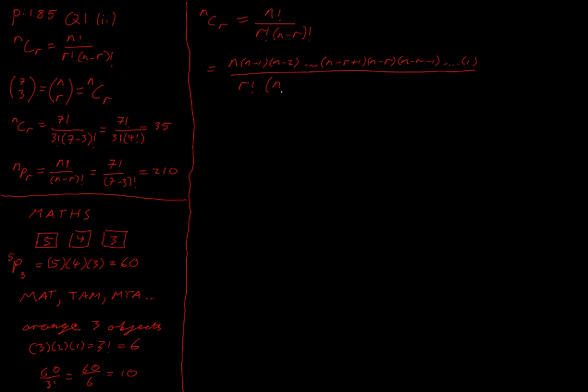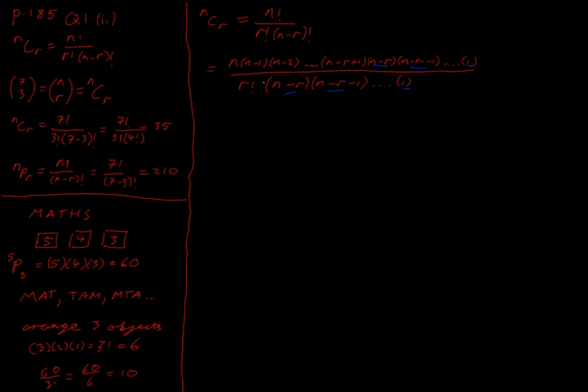And then n minus r factorial would be n minus r multiplied by n minus r minus 1. So whatever n minus r is, the next number down would be n minus r minus 1, on down to 1. Now if we look at the top and bottom lines here, we can see we have a common factor. I have n minus r multiplied by n minus r minus 1 all the way down to 1 on the bottom, and up on the top line I have n minus r multiplied by n minus r minus 1 all the way down to 1.